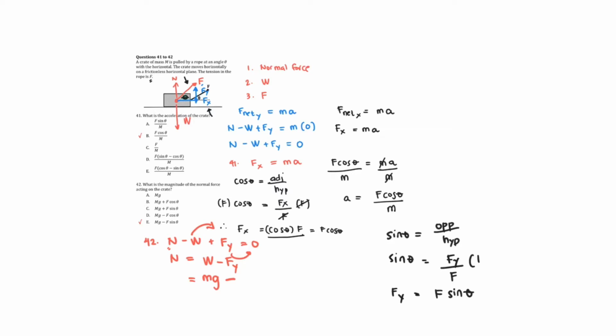Again, I'll just have to multiply both sides by F so that I will be able to express this equation in terms of Fy. So as a matter of fact, this Fy right here is equal to F sine theta. Let me write that down. Fy is F sine theta, and that is equal to the normal force that question number 42 is asking for. So we have solved the problem for question number 42, and that is letter E.